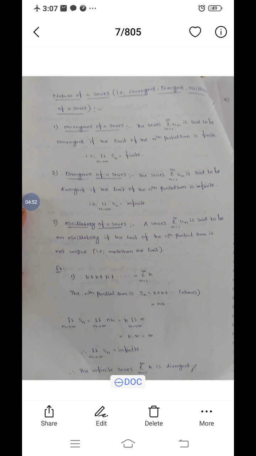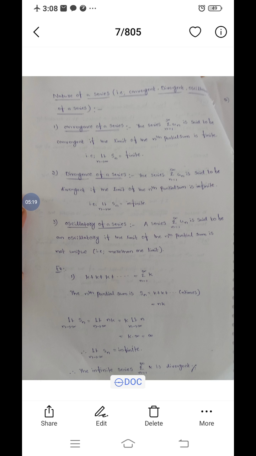That means limit n tends to infinity, Sn equals infinity. Next, oscillatory series. Summation n equals 1 to infinity un is said to be an oscillatory series if the limit of the nth partial sum is not unique.